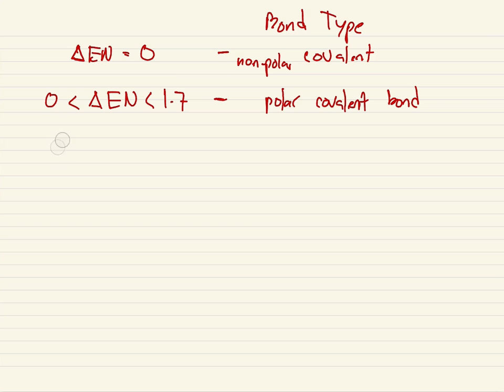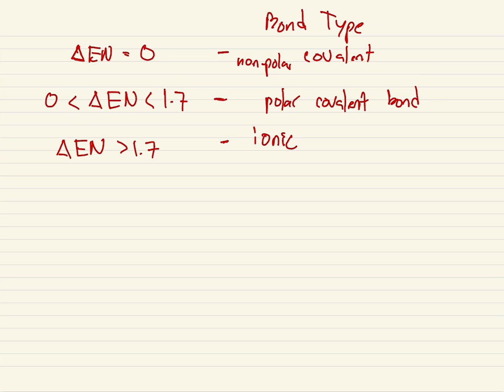And if the change in electronegativity was greater than 1.7 to 2.1, how do we classify that bond? That should be ionic, right? Because at this point, the electronegativity difference is so large that one atom says, I'm just going to rip that electron off of you. I'm not going to share it at all. I'm just going to pull that electron out of myself to look like a noble gas, and we're going to have an ionic bond.